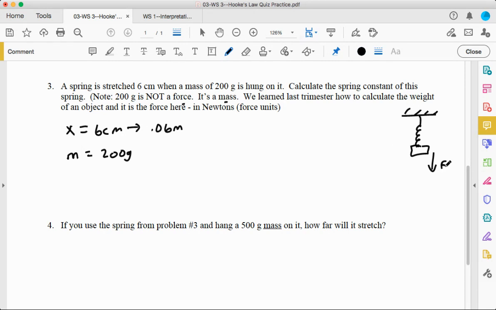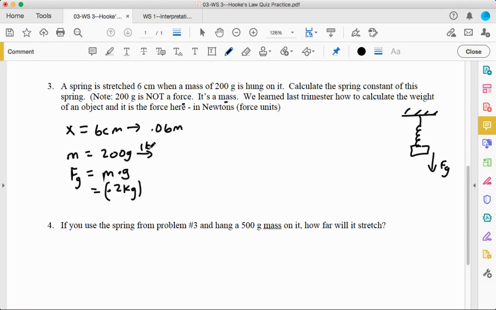the force that it exerts on the spring is the force of gravity. So we have to change this mass to the force gravity will pull on it, because that's what's pulling our spring. Remember, M times G will lead us to 0.2 kilograms, because that has to be in kilograms.